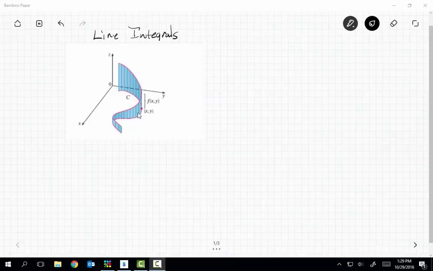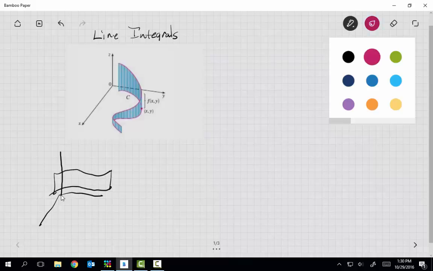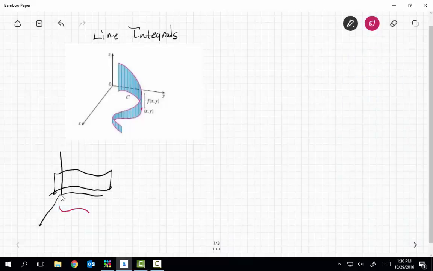The line integral is the curtain that is created. If I take this curve C down in the xy plane and shoot it up to f of xy, here's my f of xy living up here, and here's my curve down here.